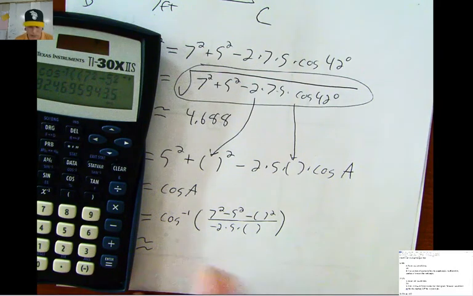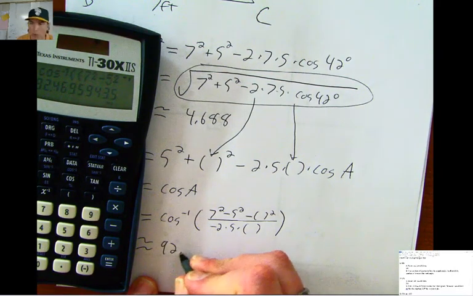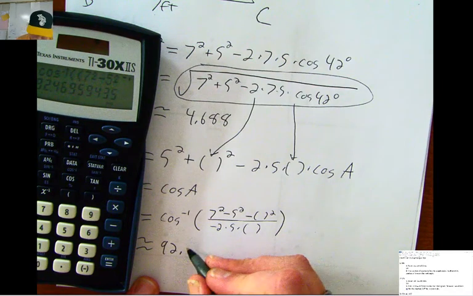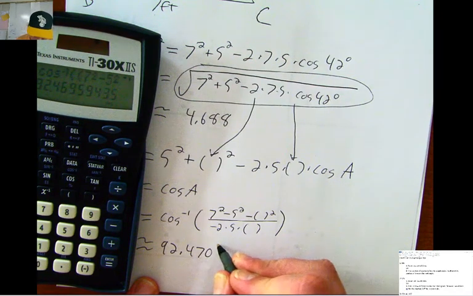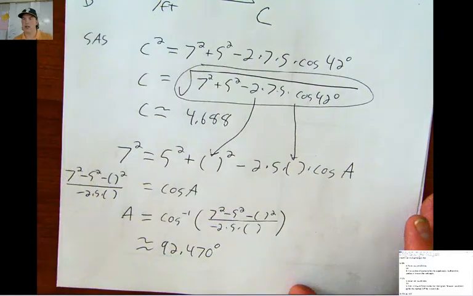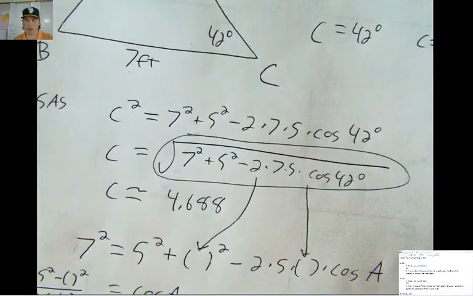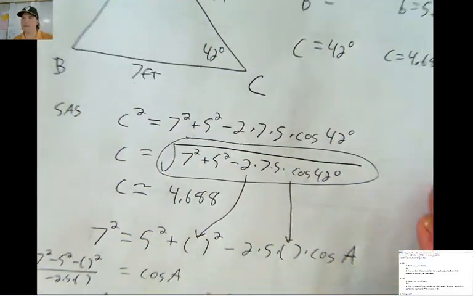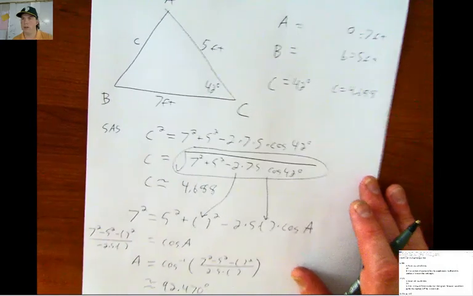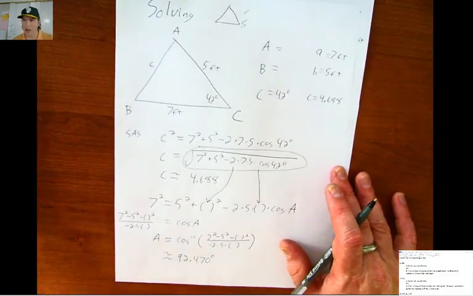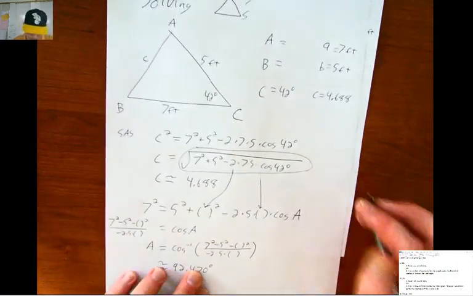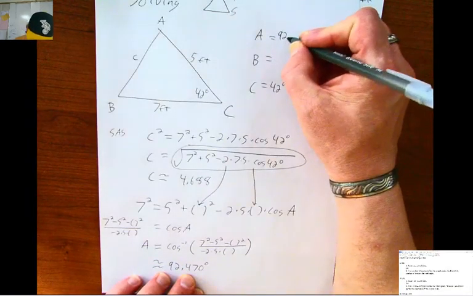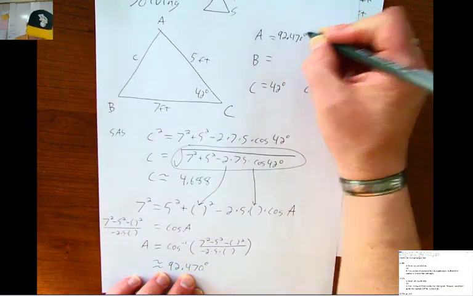92 point, if I'm going to 3 decimal spots, 470 degrees. So way up here at the top, A is 92.470 degrees.